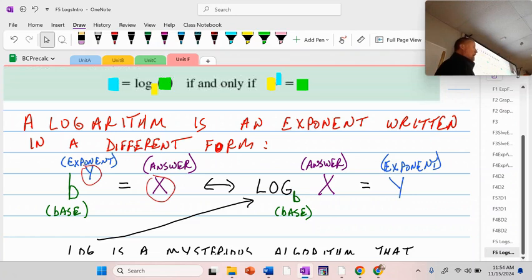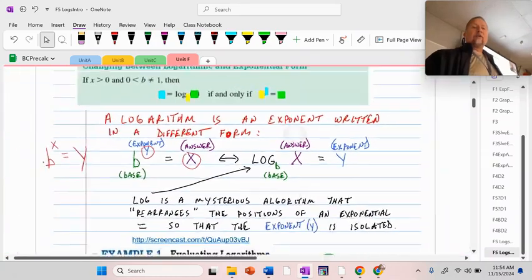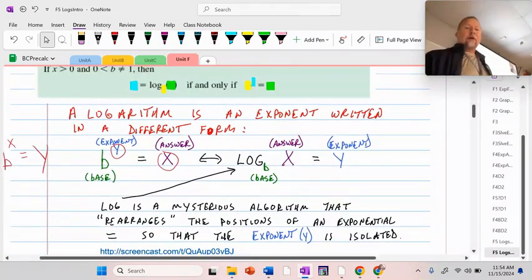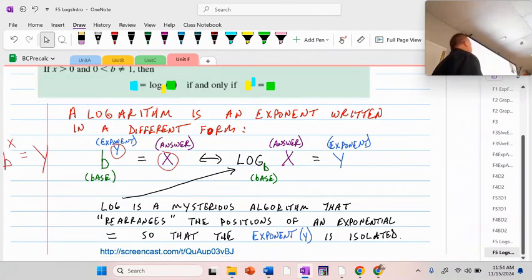So really the glory and power of a logarithm is to allow you to solve for exponential scenarios when the exponent is unknown. It's a beautiful, beautiful mathematical algorithm. And I actually put that down there in my own writing from back in the day. Log is a mysterious algorithm that rearranges the positions of an exponential equation so that the exponent is isolated.